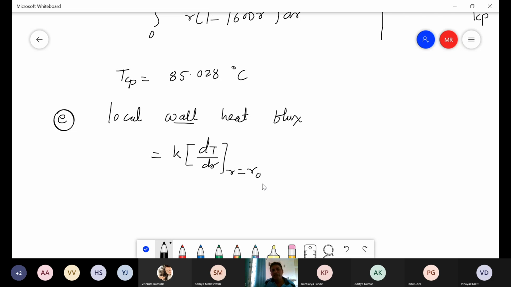And heat flux is defined as k dT by dr, isn't it? So dT by dr we can calculate directly, so we can differentiate it.